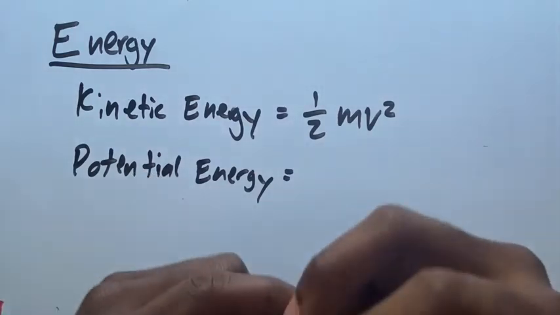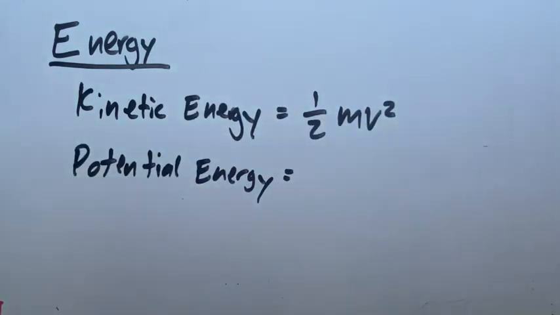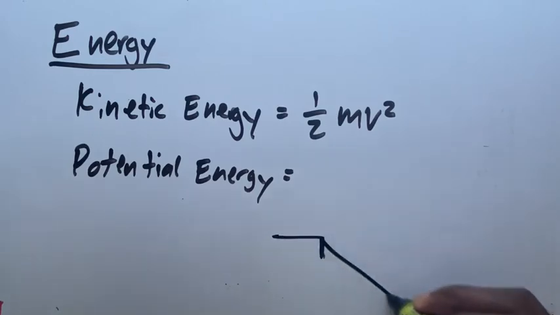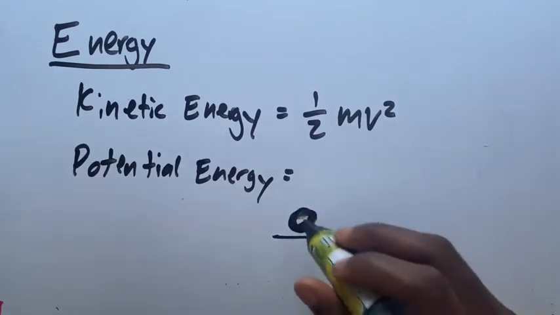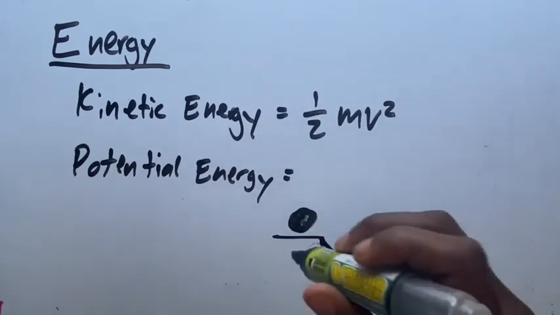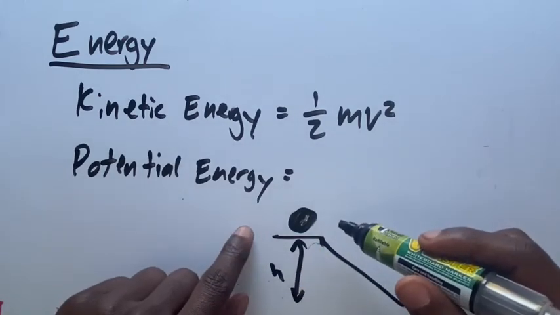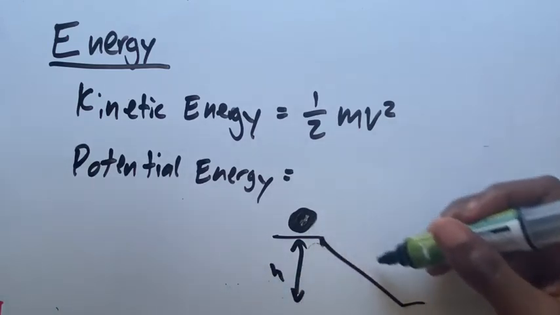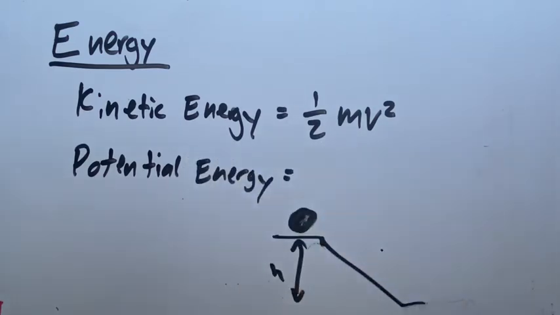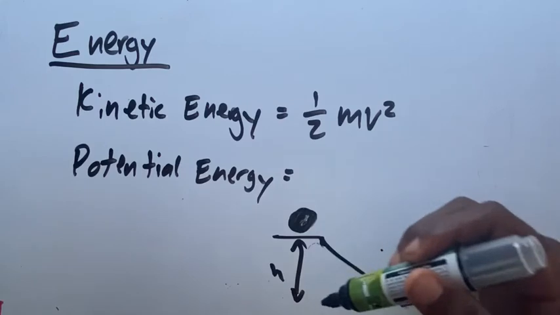If you have something raised on top of a hill or on top of an incline, like if you have a ball up here, and this ball is not moving, since this ball is up here at some height h, it has some potential energy because it can basically roll down this incline and pick up some kinetic energy. This potential energy is what we call gravitational potential energy because it's up here by some height.